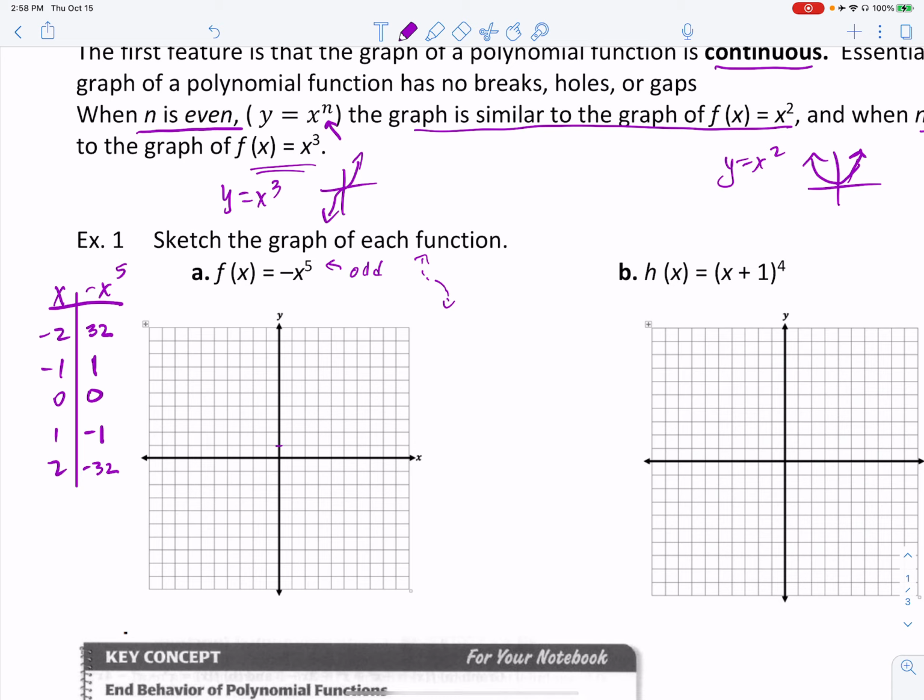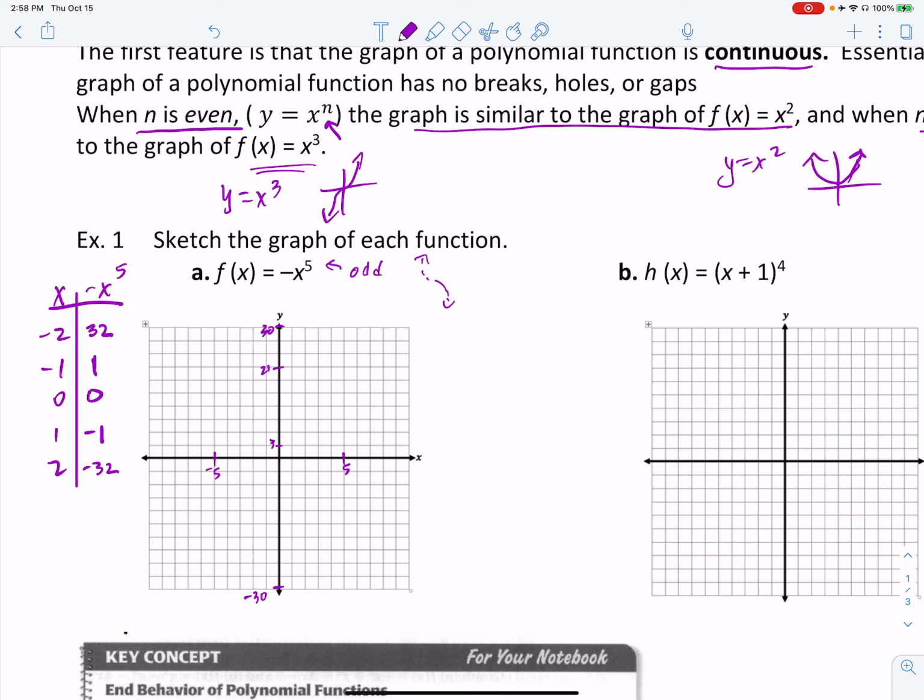So 3, 6, 9, 12, 15, 18, 21, 24, 27, and up here I'm at 30. Then 32 is just going to be slightly above that. I'm just going to let the x-axis go by 1s. So this is going to be down at -30.